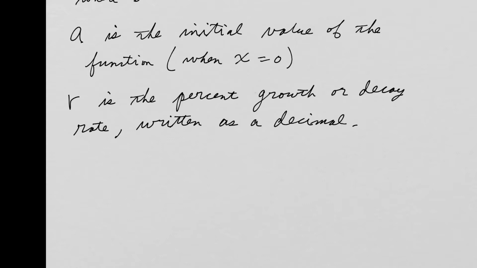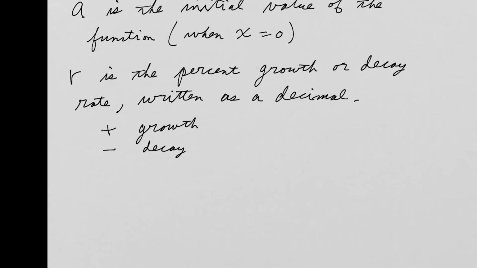And it could be positive or negative. Actually, if r is positive, it represents growth. If it's negative, it represents decay. So let me write that somewhere. So I'll say positive means growth. Negative means decay.